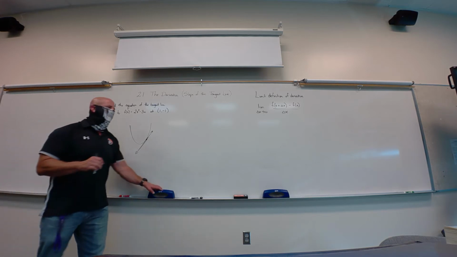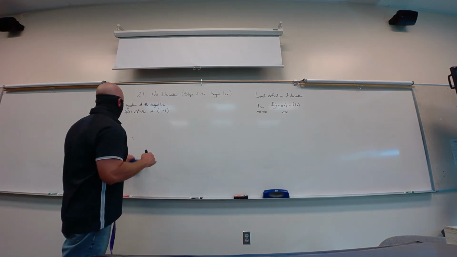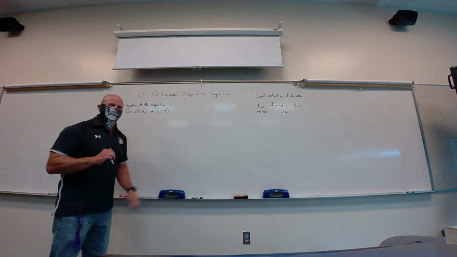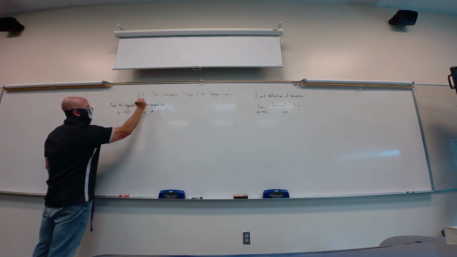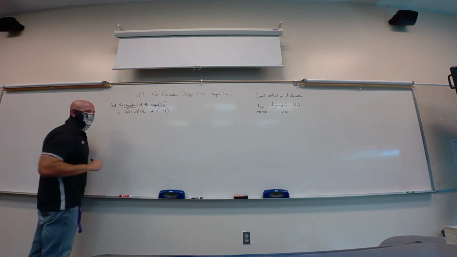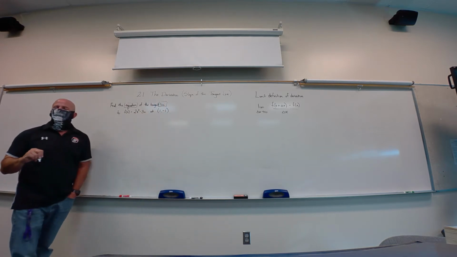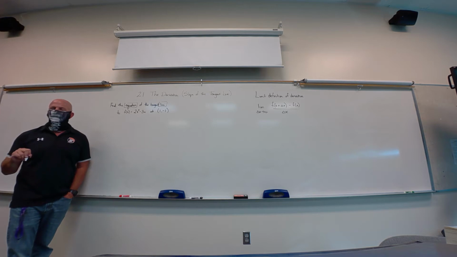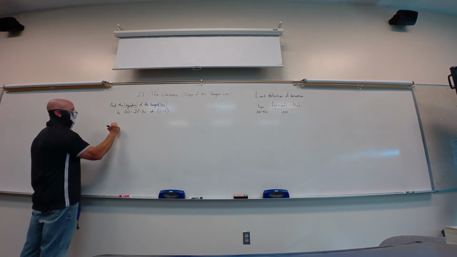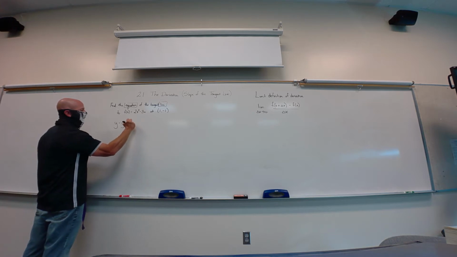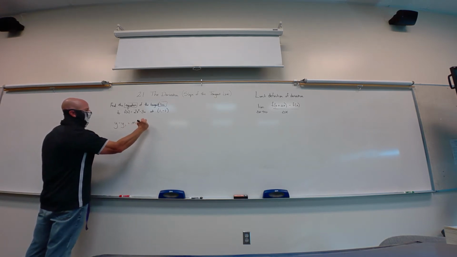Okay. All right. So this is going to mix in some old algebra stuff. Equation of a line. I don't care what kind of line it is. Call it a tangent line, a secant line, just some regular line. It does not matter. The equation of a line comes from y minus y1 equals m times x minus x1.